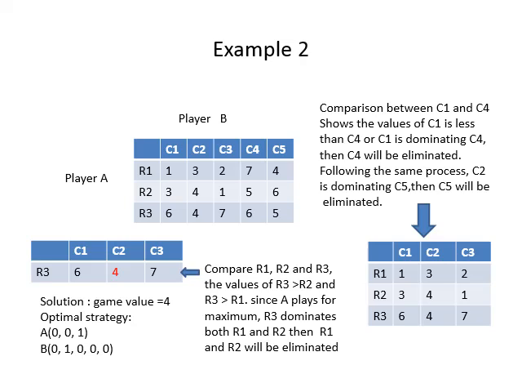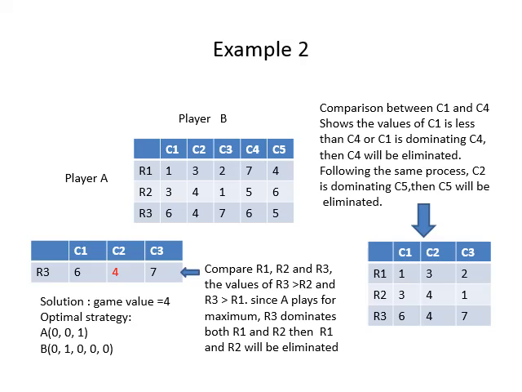We ignore player A because he has only 1 strategy, R3, and player B has 3 strategies, C1, C2 and C3. That's why we choose 4 as game value. Optimal strategies for A: he has no first or second strategies, but he has the third strategy, so 0, 0, 1.